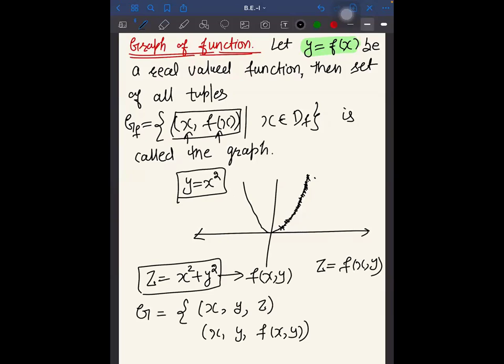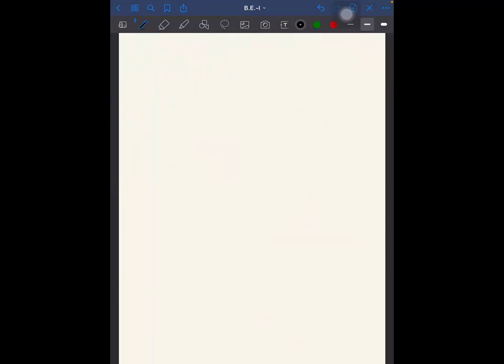And how many tuples are there? Three. That's why when you plot your 3D graph, it will look something like this.